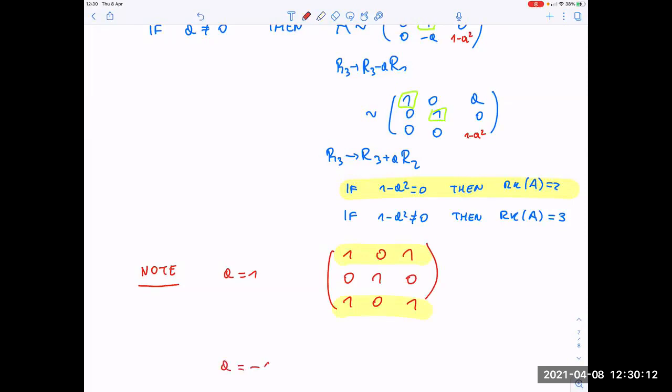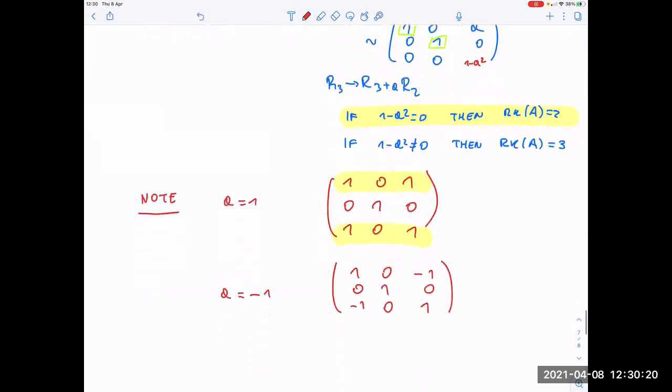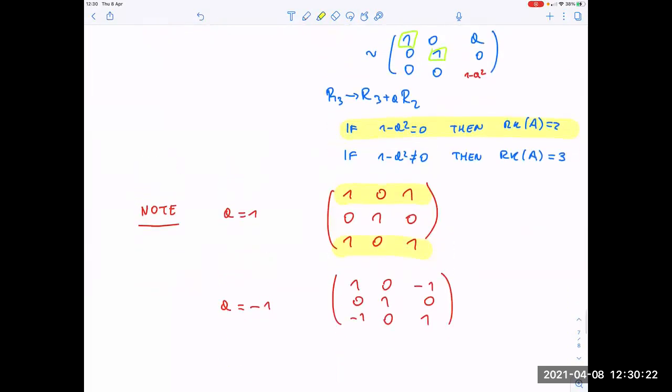And if A is equal to minus 1, well, the shape is like this. And you see that these rows are not equal, but they are proportional. So minus 1 times the first is equal to the third, and so I can clean it up again. And these are the only cases.